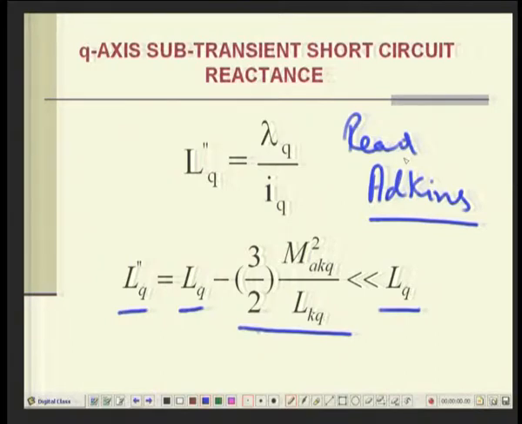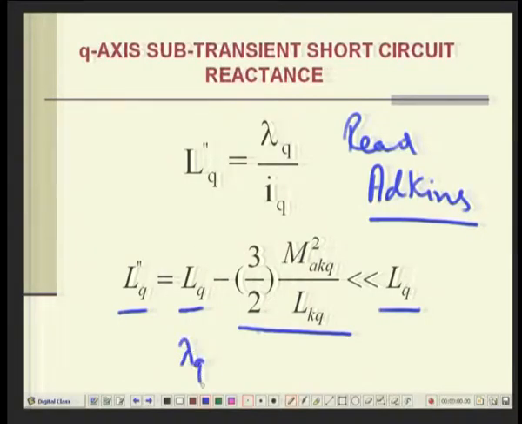Because this will decide the power system dynamics, okay, with the machine connected to an infinite bus, and how it has to be analyzed under various disturbed or transient conditions. Okay, is it clear now what is meant by subtransient reactance under the d and q axis?